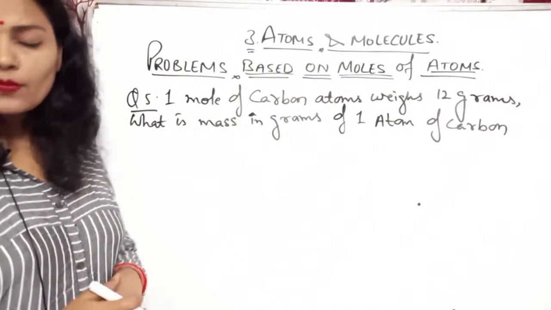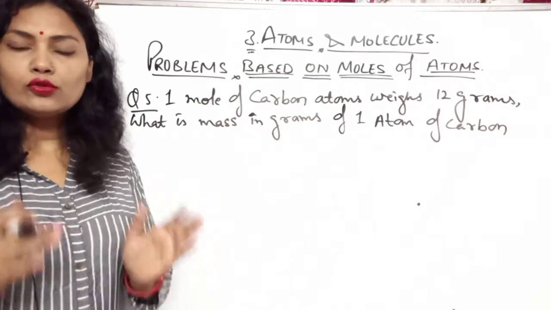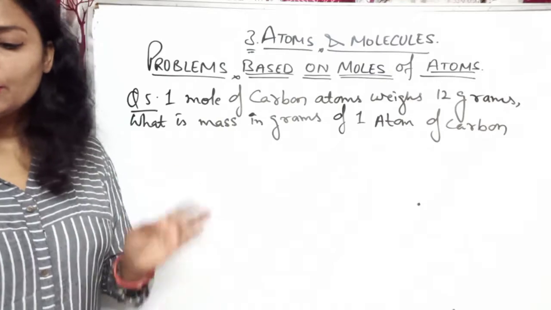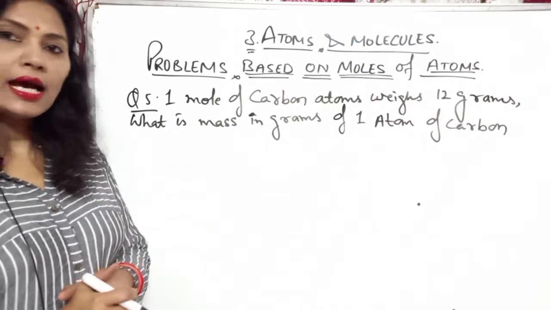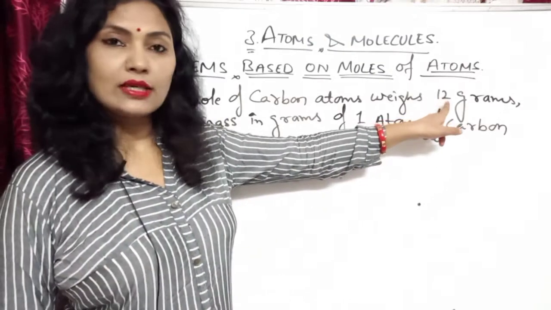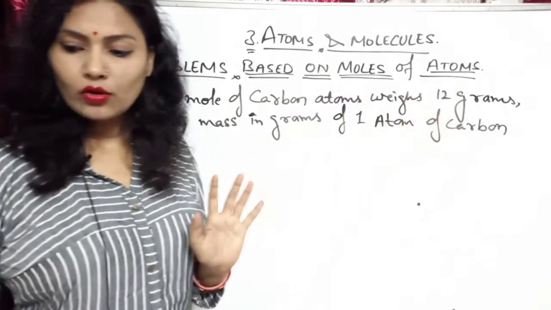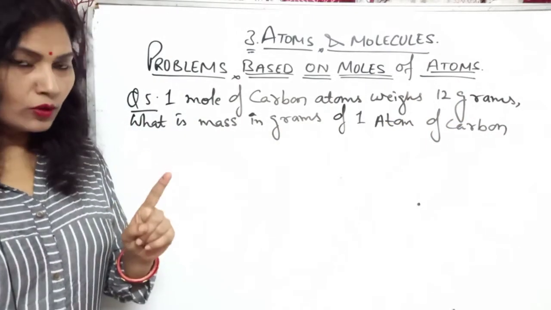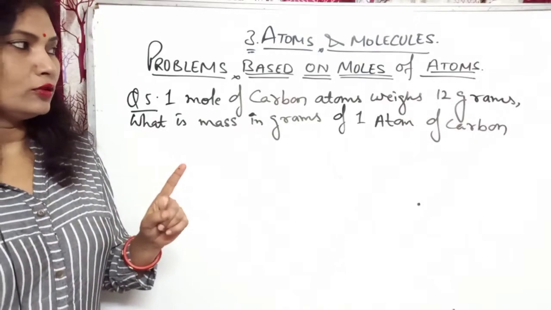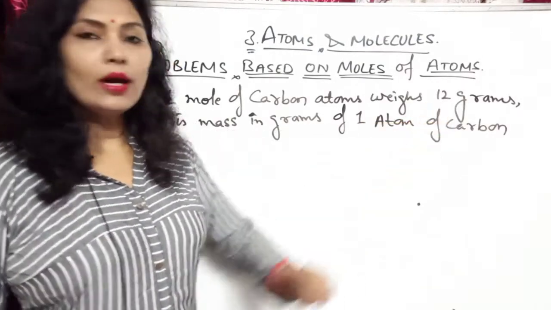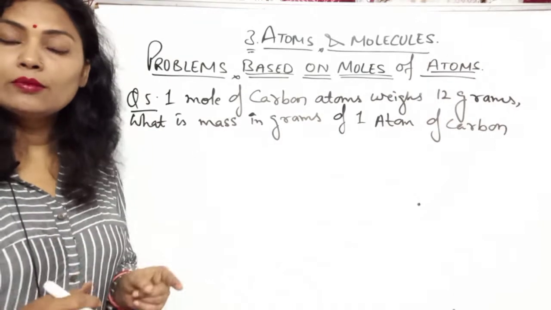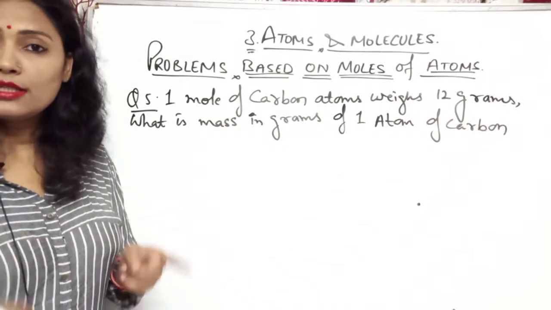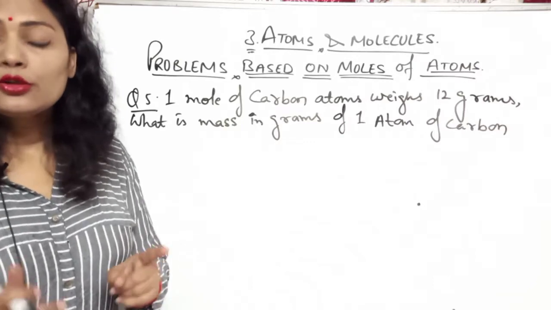You know that 6.022 into 10 to the power 23 atoms of carbon have that mass, that is given, 12 grams. Now if we want to find out the mass of 1 atom, we will divide 12 by the Avogadro number, that is 6.022 into 10 to the power 23.